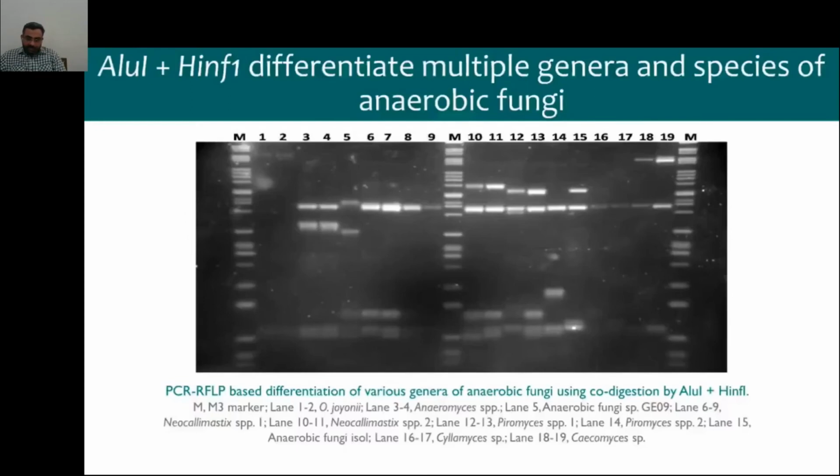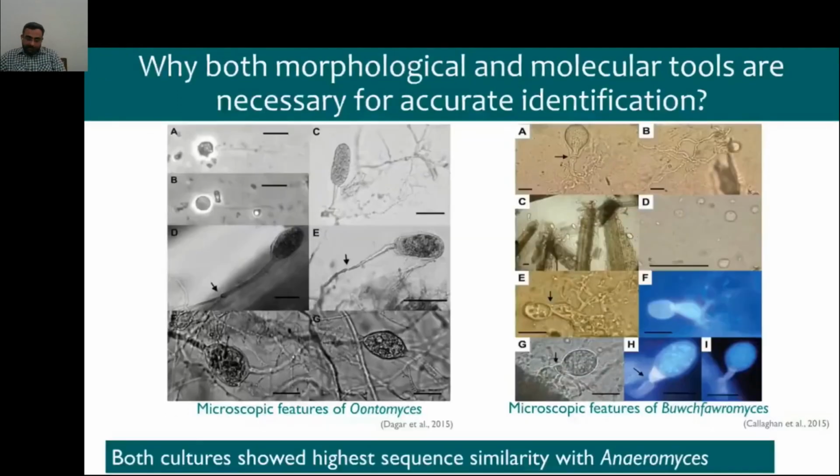It was in 2012. So this region really proved useful, and it was very successful and helped in the clear-cut taxonomic identification, classification, and differentiation between different genera and species.